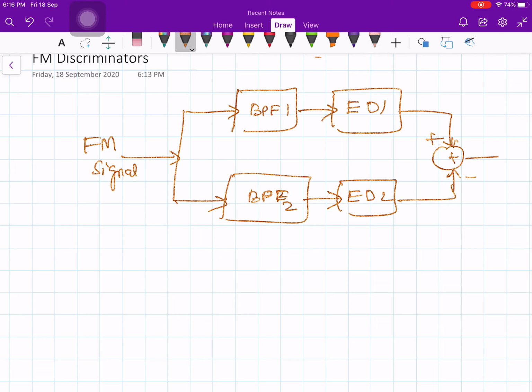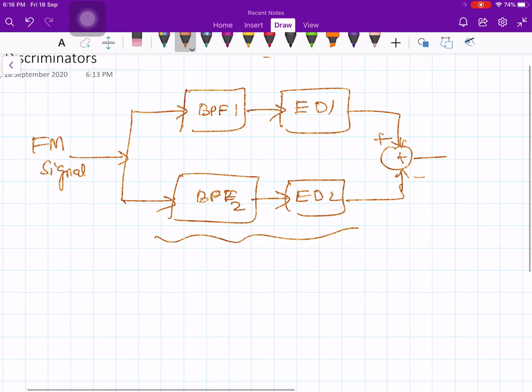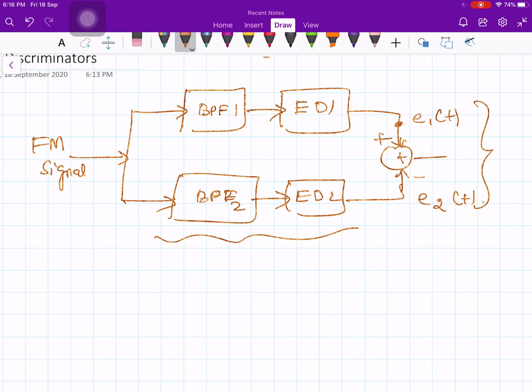Now if we realize it like this, as shown in the figure, you have to have some kind of circuit which takes the difference between the two output amplitudes. So here you are getting one amplitude, let's say E1 of t, and here you are getting E2 of t. You have to take the summation of these two.